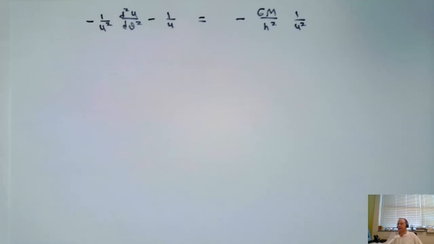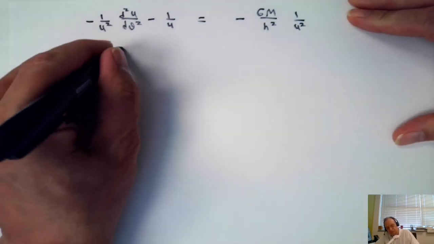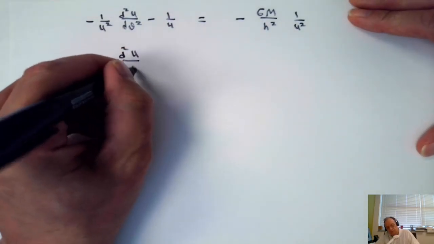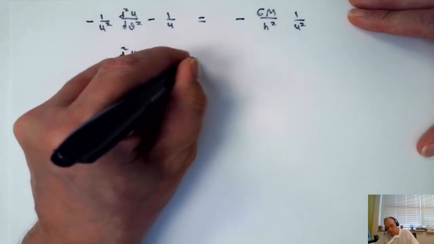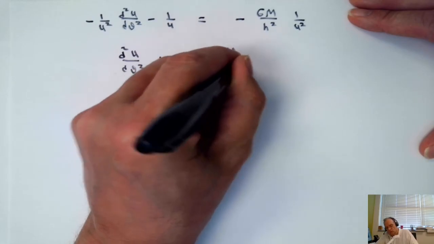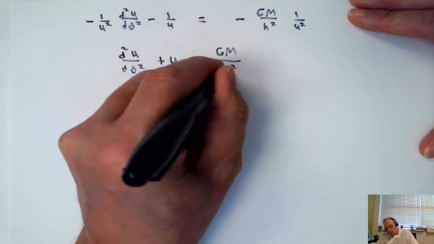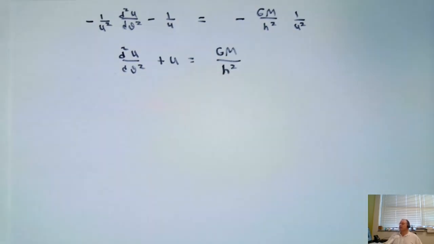Canceling those terms and subtracting the GM over h squared 1 over u squared over to the other side of the equation, multiply through by -1, multiply through by u squared, this is the differential equation for the orbit that we're interested in, written in terms of variables u and theta.